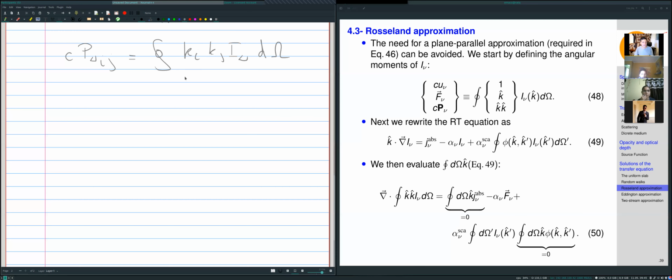So for instance, if we have kz, kx, that would be cos theta times sine theta cos phi, etc. So it is a matrix.